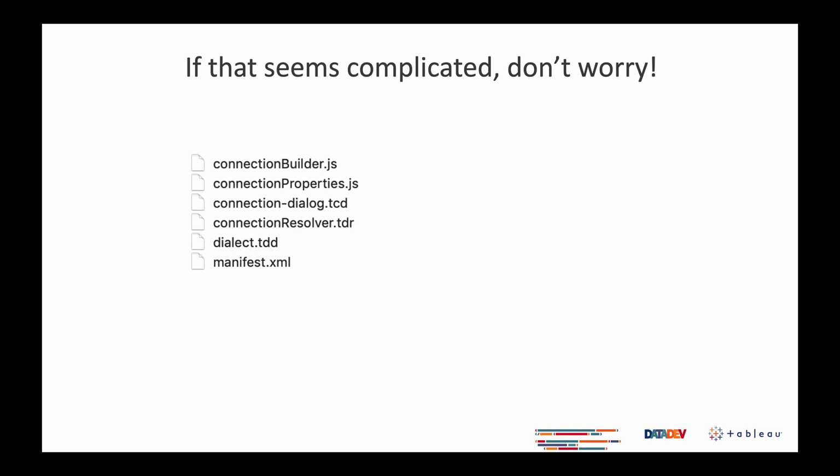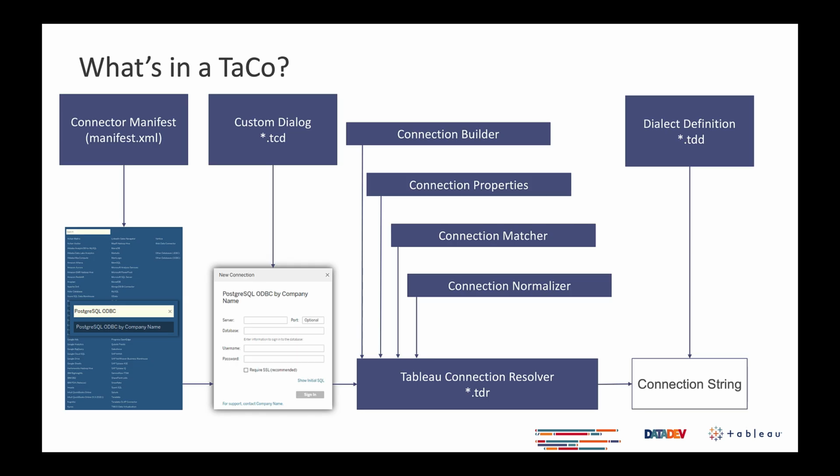And again, don't worry if it all seems complicated. The idea is that you've got 5 or 6 different files here, and they all feed into getting this signed Postgres ODBC taco, something that we already know and love because we saw it in action. And if you see any funky file extensions like .tcd, .tdr, .tdd, don't worry about those.